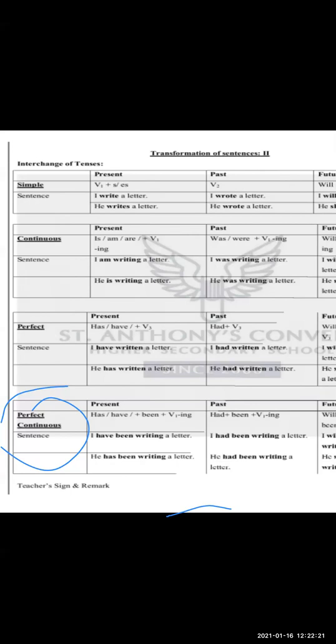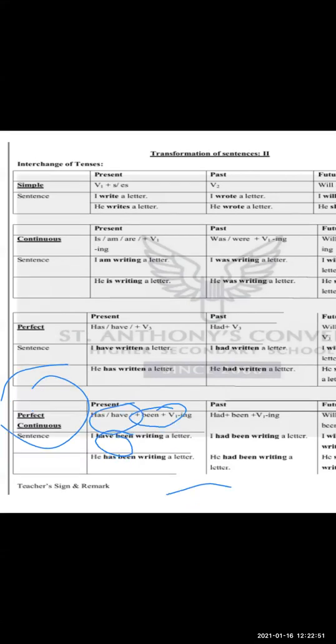It's going on. As I told you before, perfect continuous sentences means what? Which started earlier but is still going on. So our main verb is verb plus ing, that means the action is still not completed. And we use the helping verb to show the present, that is I have been writing a letter or has been writing a letter. This is a present perfect continuous tense.